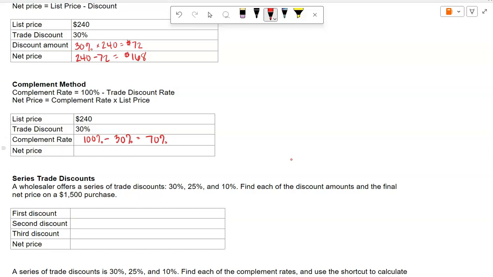Now when I calculate the net price, I'll take the complement rate of 70% and multiply that by my list price of $240. That too gives me $168. We're basically just calculating 70% of $240. And again, that is $168.